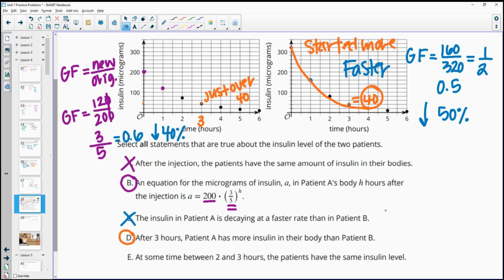So at 3 hours, A is higher than B, versus at 2 hours, A was at just under 80. So let's call it like 70, or 75, and this one was at 80 exactly. So at 2 hours, A was less than B. So they flip-flopped places here, and that means that at some point they were equal. So E is true.